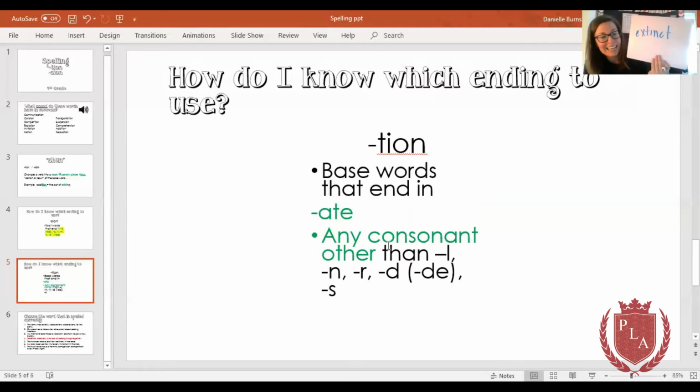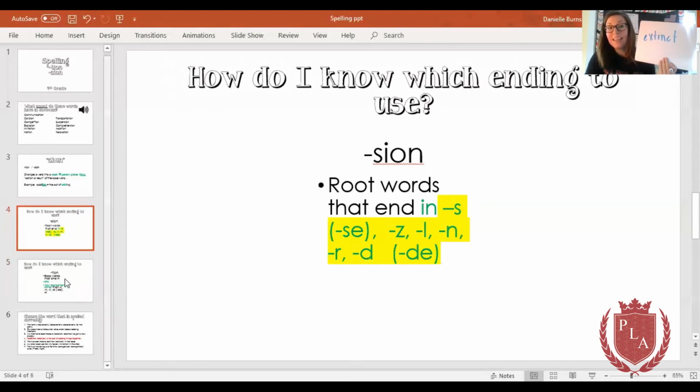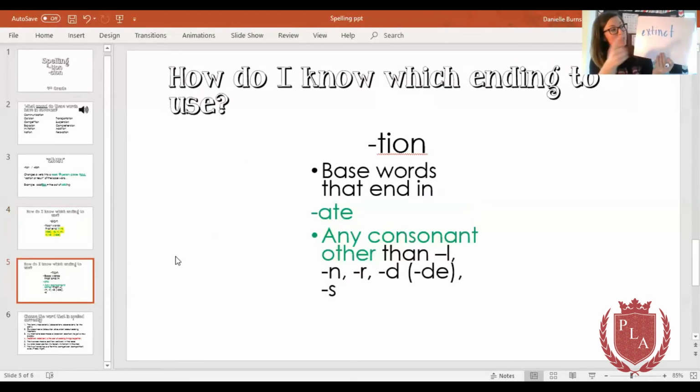I see that it ends in T. Because T is not one of those special endings that we saw before, that means we put T-I-O-N. And it's really easy because this word ends in a T, so all I really have to add is that I-O-N ending, extinction.